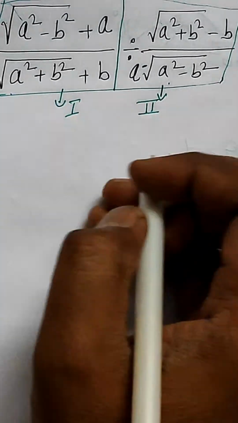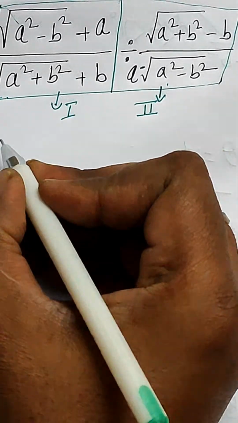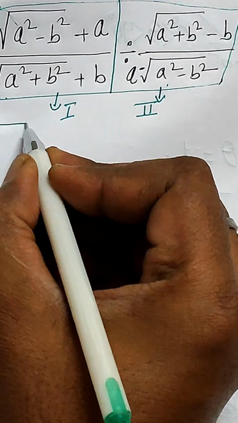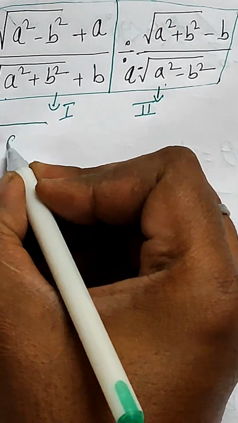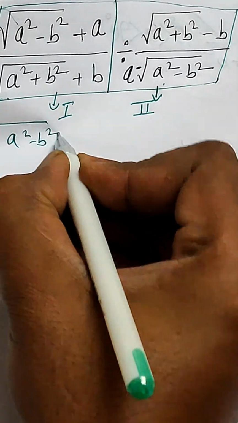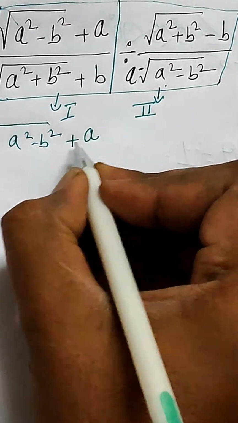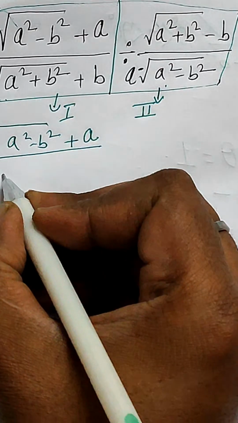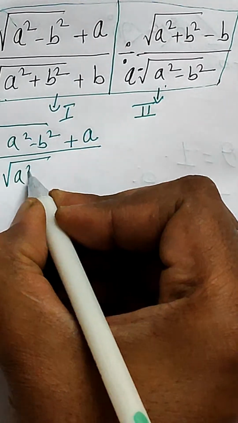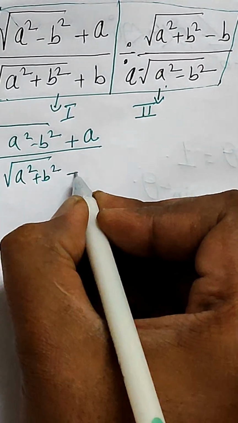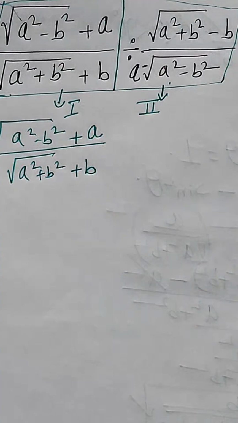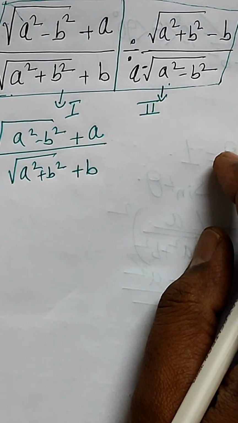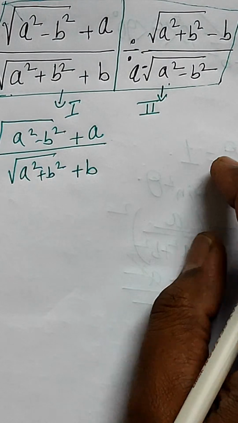So whatever is there in the first part, that is (√(a²−b²) + a) / (√(a²+b²) + b), what we can do is just rationalize it.